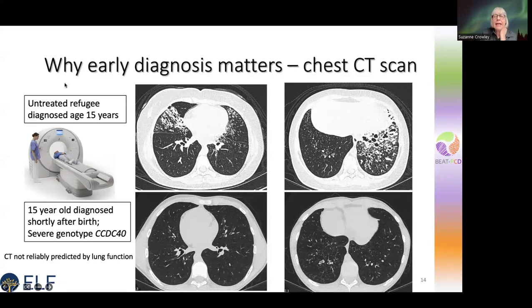We have scans from two people here. The top panel is a refugee who came to Norway at the age of 15, undiagnosed and untreated. In the second panel at the bottom, we have a patient who was diagnosed after birth because his sister had PCD, so he was treated right from birth.